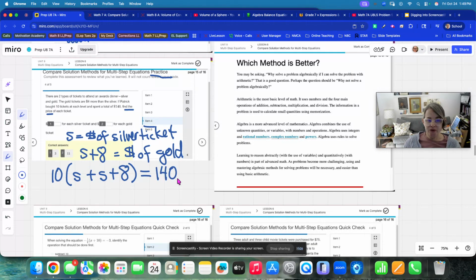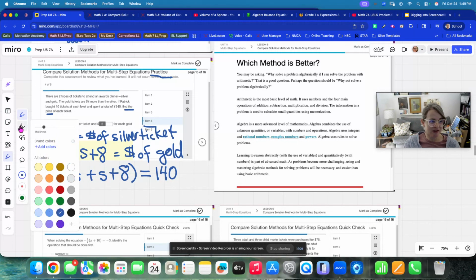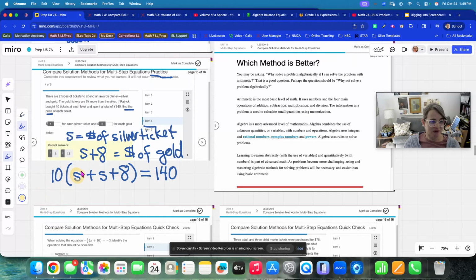So what I did here, I added up the price of the silver tickets. That was S. Let me highlight this for you. This is the price of the silver ticket. And then I'll highlight the gold ticket in a whole other color.